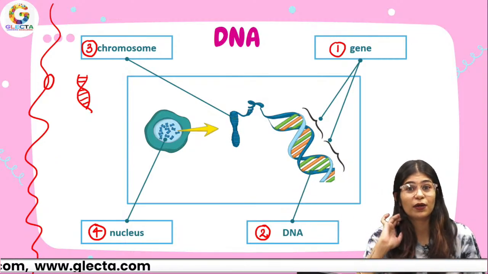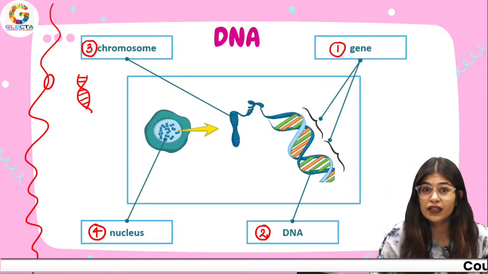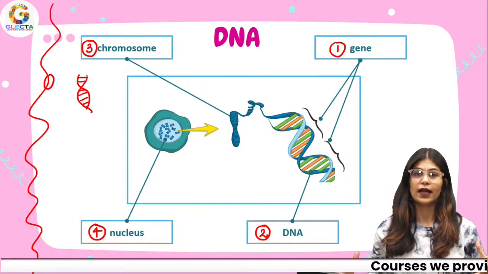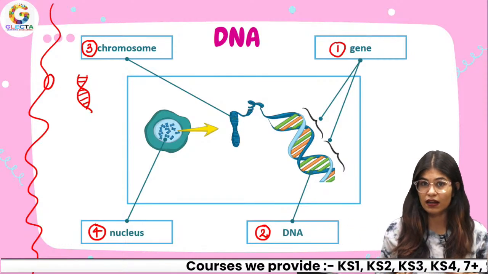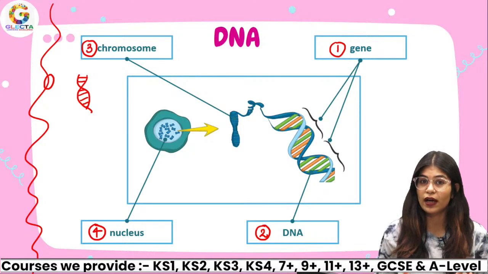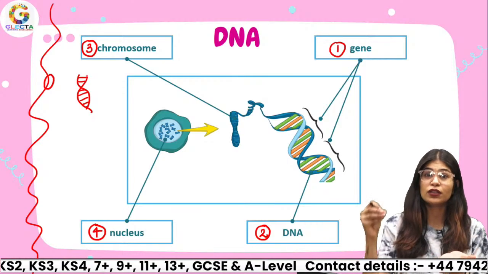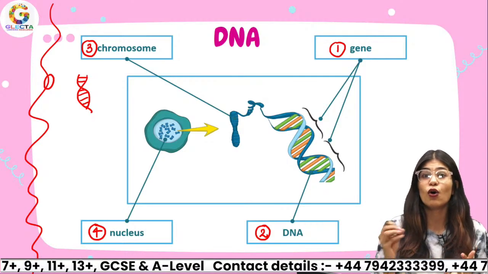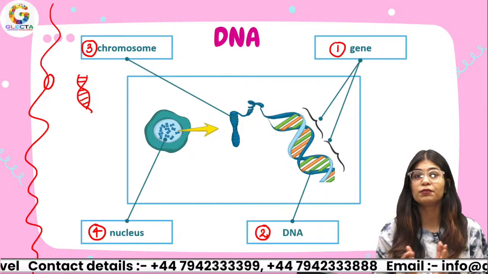I'm not talking about 1 meter, I'm talking about more than 1 meter. And because DNA is so long, and I have to fit that long thing into a cell, which is microscopic, I can't see it with my own eyes, I need a microscope for that. And then I have to put it in the nucleus of that cell, which is even smaller, and hence I need to compress this.